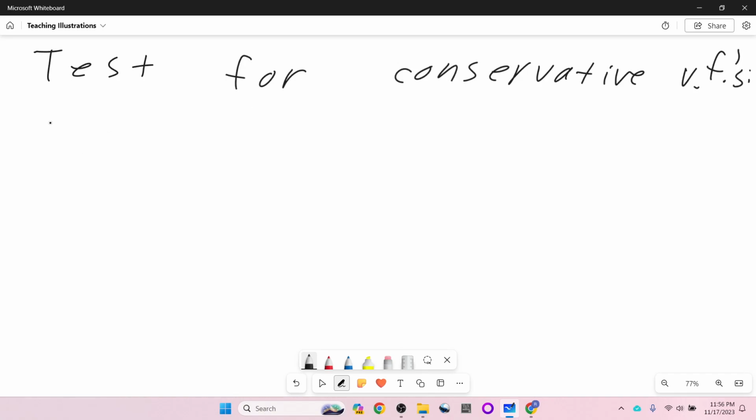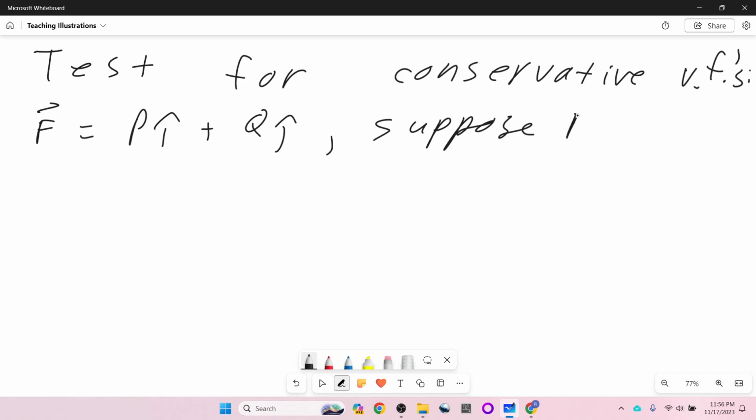All right, so we're going to write F is Pi plus Qj. And suppose F is conservative and smooth.